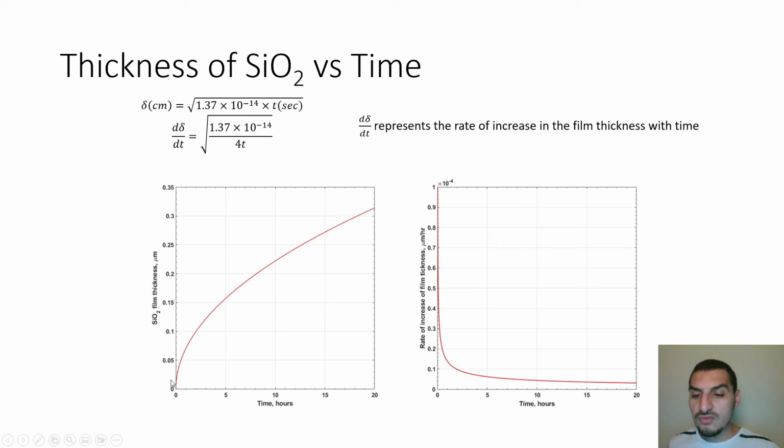And you'd see that for this scale, the maximum value is almost 0.32, something like this, micrometers, which is a very, very small thickness. And you would see that even for this small thickness, it took 20 hours to reach this thickness. So it's an extremely slow process.